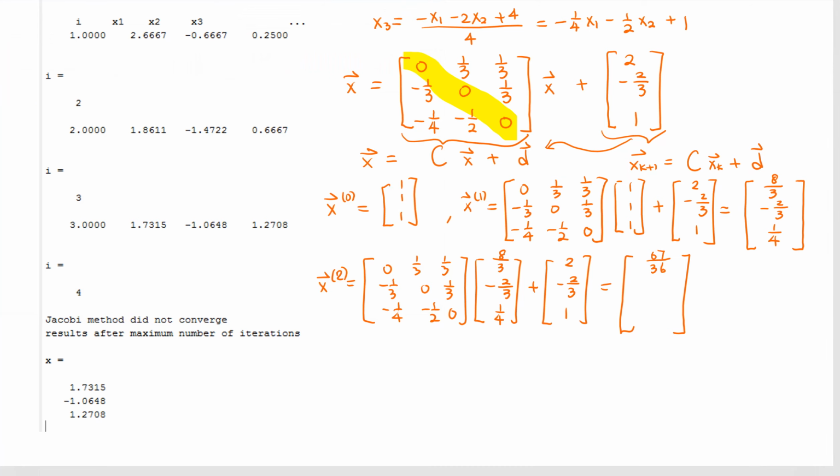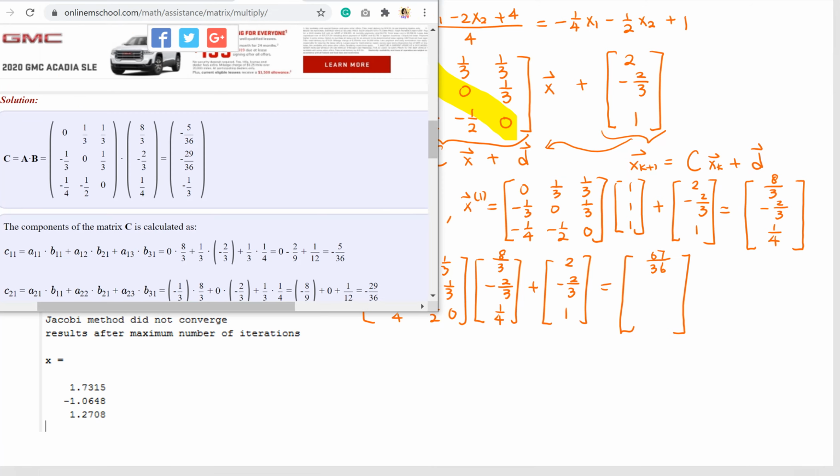Okay. And then minus 29/36 and minus 2/3. Well, 2/3 is like 24/36. Minus 29 minus 24 is minus 53, right? 29 and 24, we get 53.